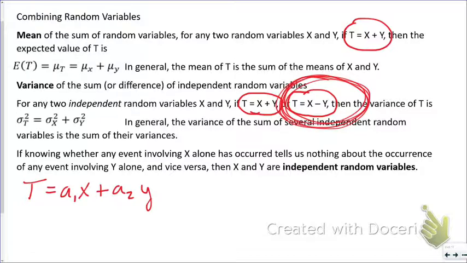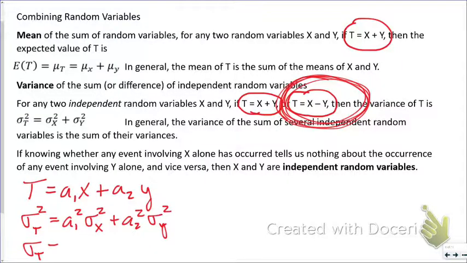What happens is you square those coefficients. So for example, sigma t squared would be a1 squared sigma x squared plus a2 squared times sigma y squared. And then lastly, you square root, and you have that.